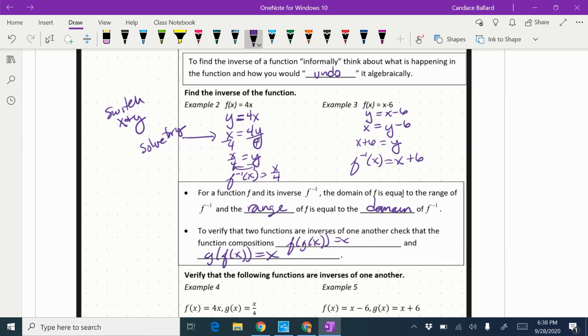What's really going on here is if I had a parabola and I graphed its inverse, it would look like this. And do you see that there's a line of symmetry right here? Well, that line of symmetry is the line y equals x. So basically, a function and its inverse are symmetric across the line y equals x, which is why when you compose them together, you will get an x.